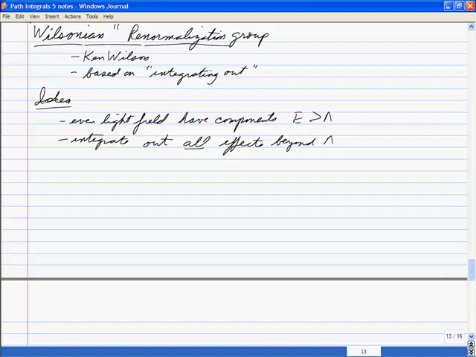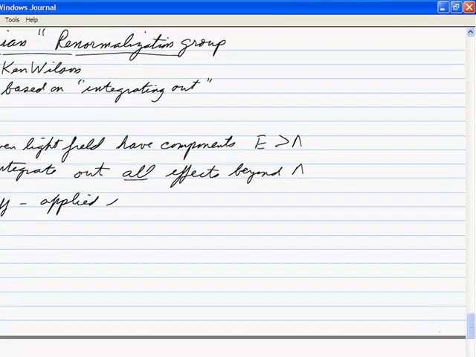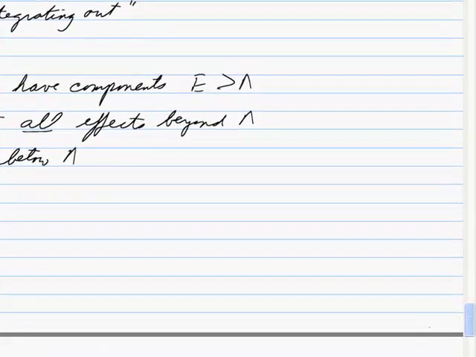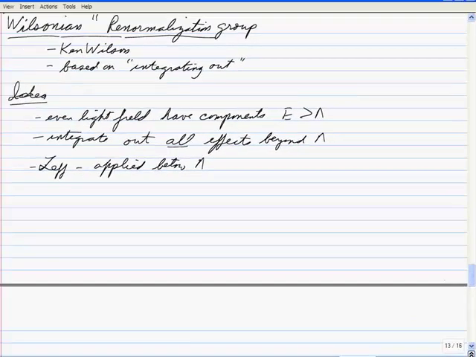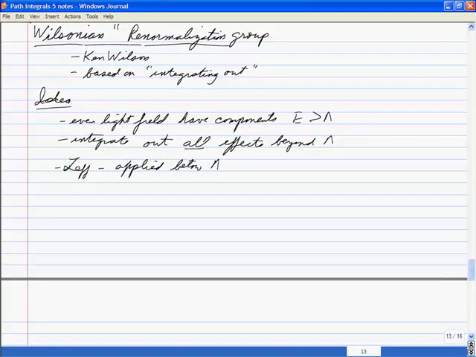And you then end up with an effective Lagrangian which is applied below the scale, below lambda. So it only goes up to lambda, but it has all the right effects below that.